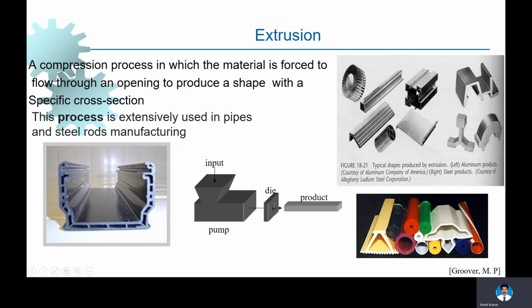You can see here many shapes having uniform cross section can be produced by extrusion. You can see several shapes here. Both metal and non-metal can be produced.